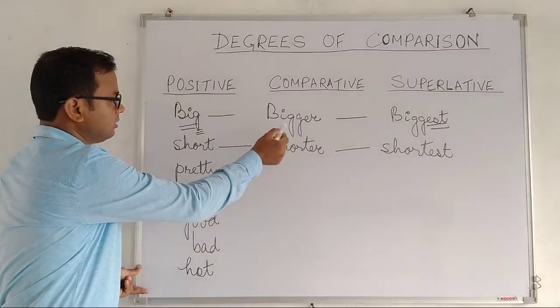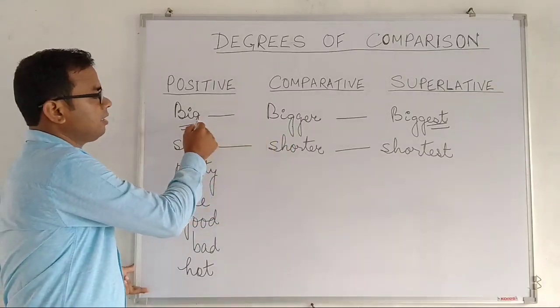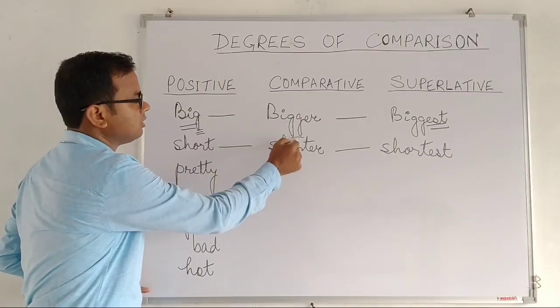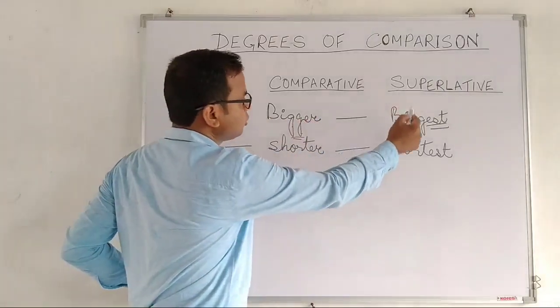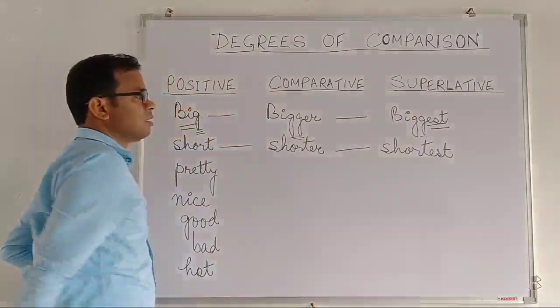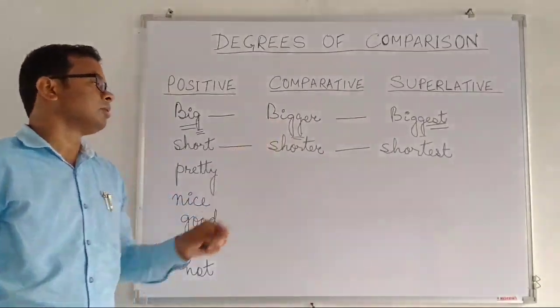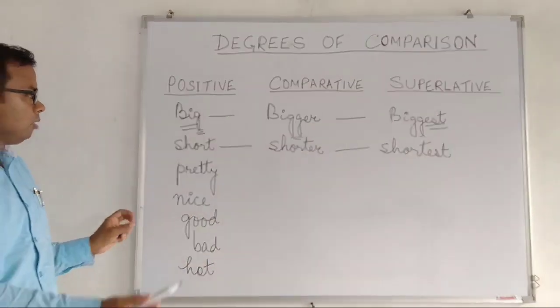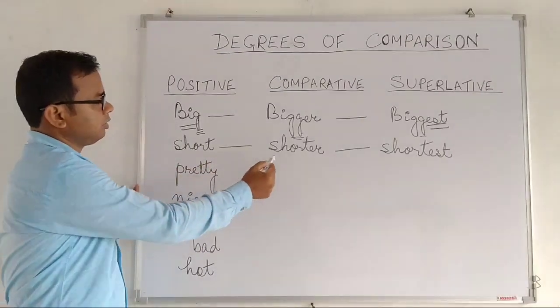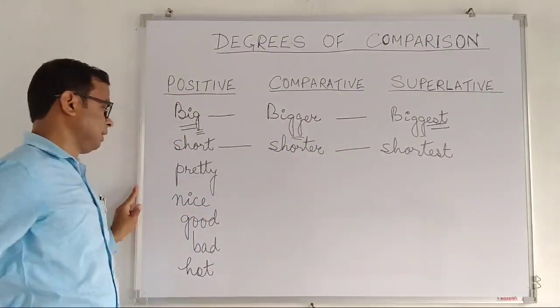You can see here, like big, we have used double G. Similarly, in superlative degree also we have used double G. That means we have doubled the last consonant letter. Now, in case of short, we write simply shorter and shortest.